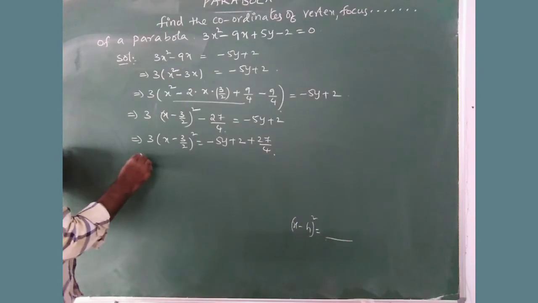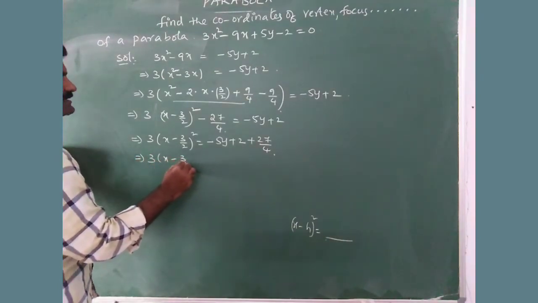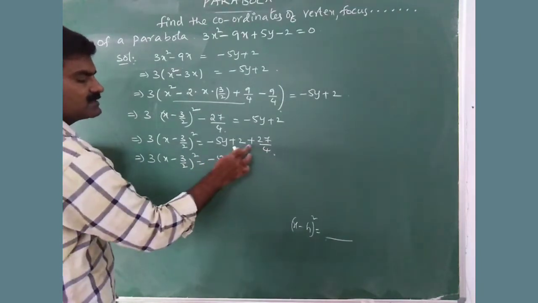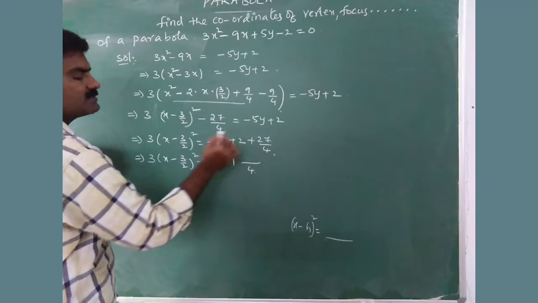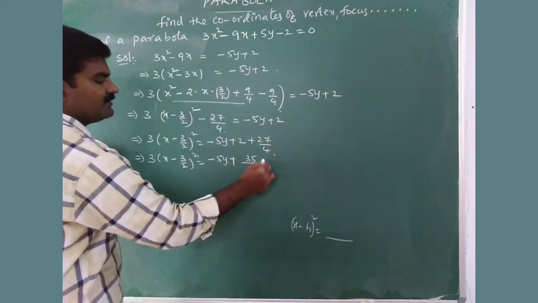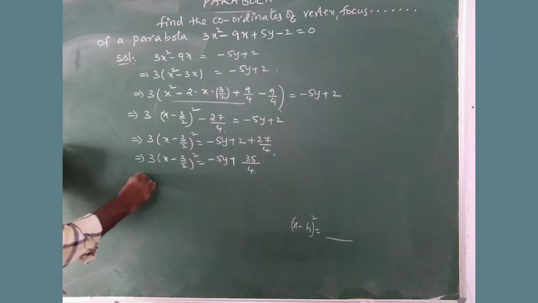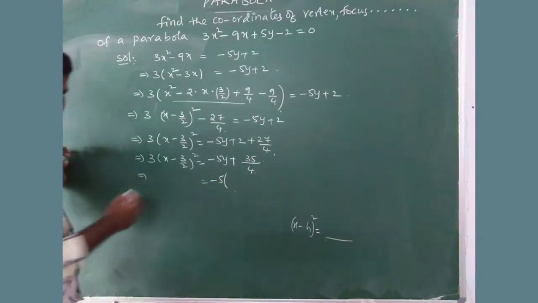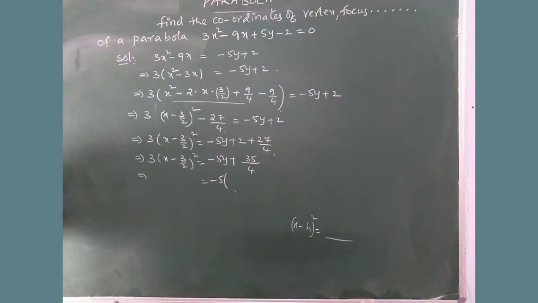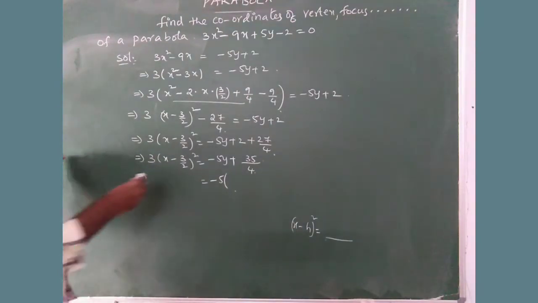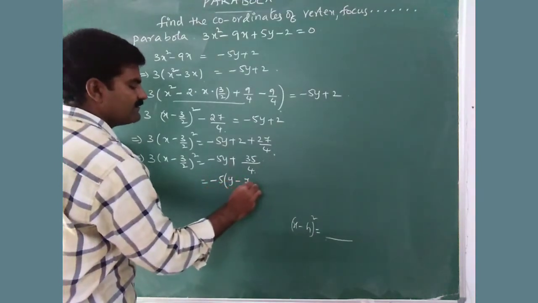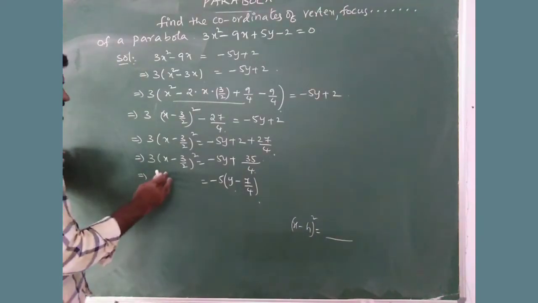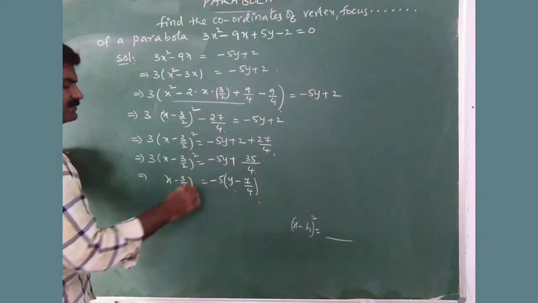Okay. So 3 into x minus 3 by 2 whole square is equal to minus 5y plus, see LCM, 4 is the LCM, then cross multiplication, 35 by 4. And from this, let us take minus 5 common. If you take minus 5 common, then this is y minus 7 by 4, isn't it?